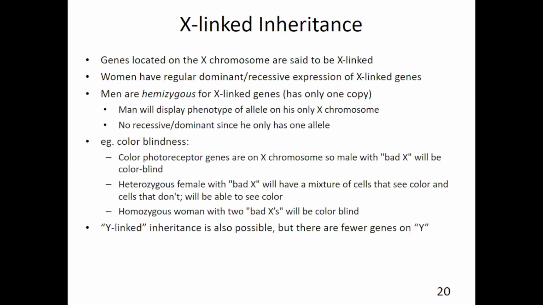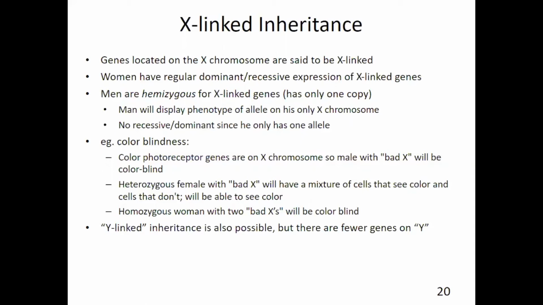X-linked inheritance is another example of non-Mendelian inheritance. This is because genes that are located on the X chromosome are inherited differently in men versus women, because women have two copies of the X chromosome, while men only have one copy of the X chromosome, as their second sex chromosome is the Y chromosome.